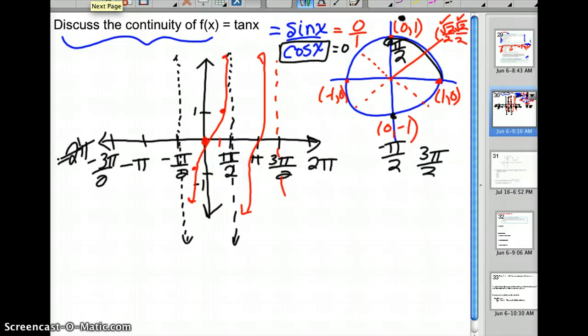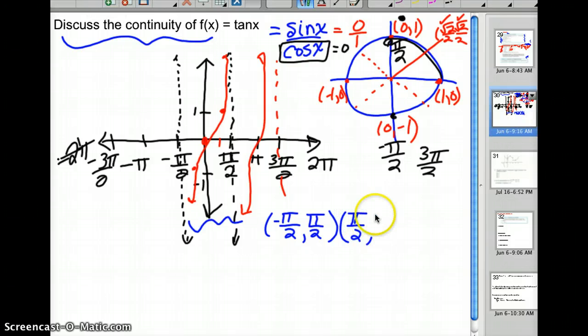So when I say to discuss the continuity, it's continuous everywhere in here. Basically you would say it's continuous from negative pi over 2 to pi over 2, and then it's continuous again from pi over 2 to 3 pi over 2, and then it's continuous again.